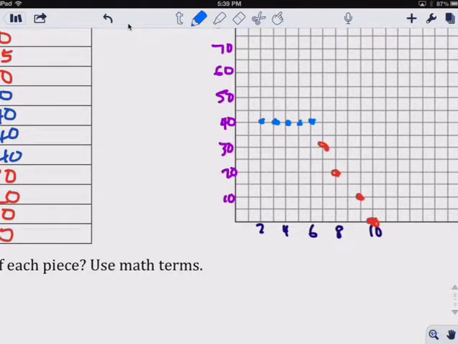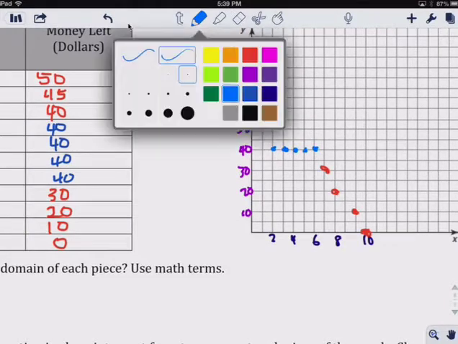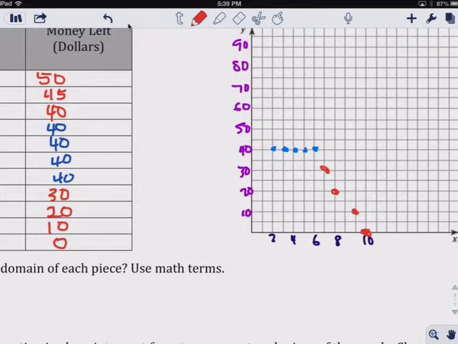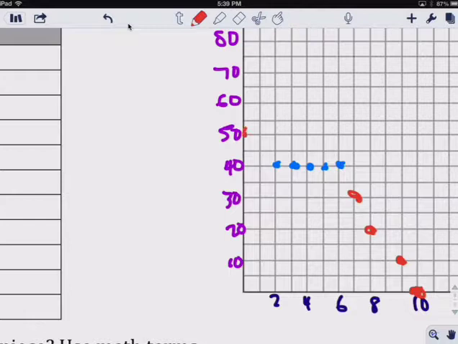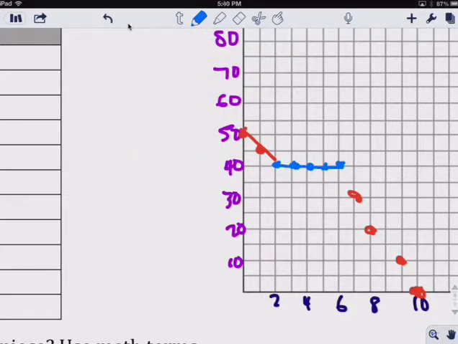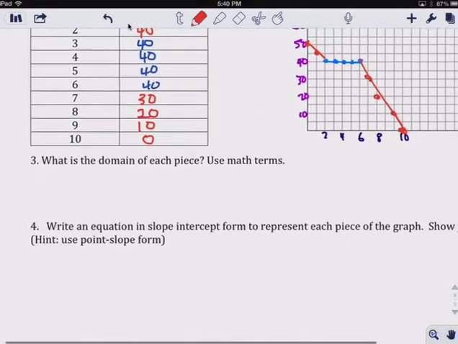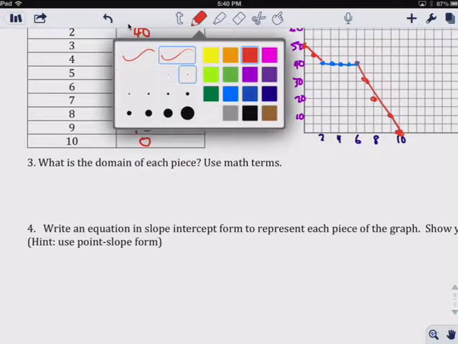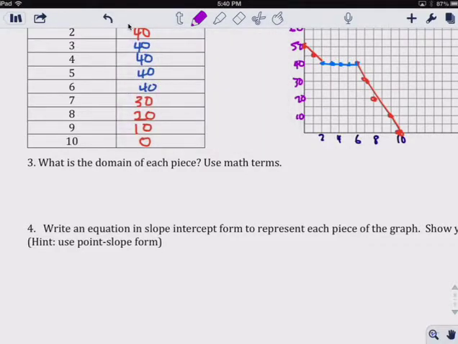6, 40. 'Kay, and then here you went from 50 to 45 to 40. So you got that line, and that line. So write the domain of each piece. Use math terms.